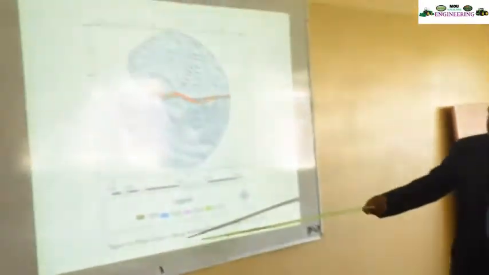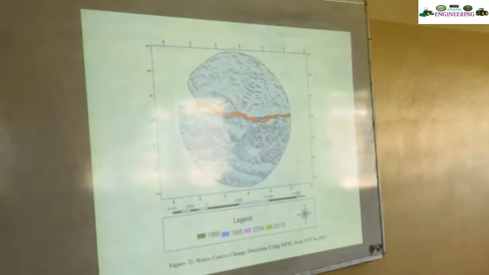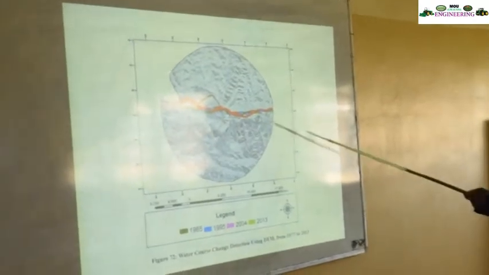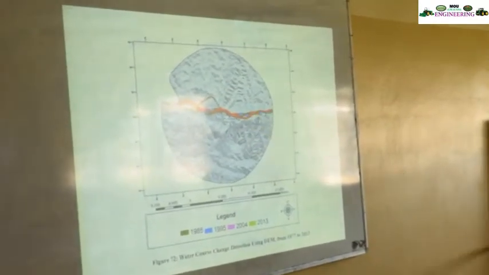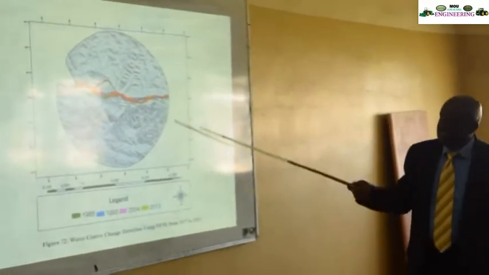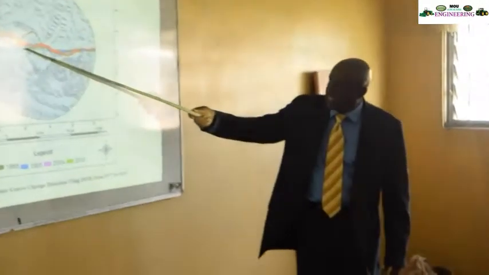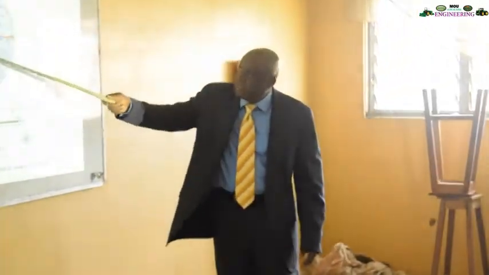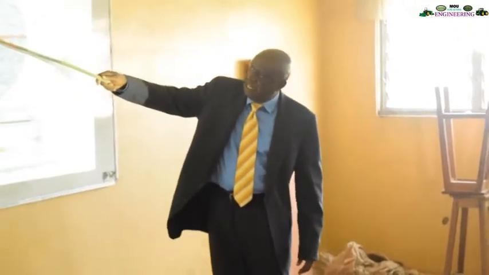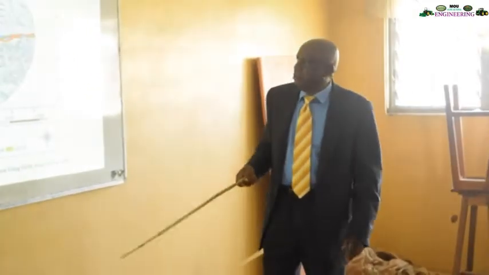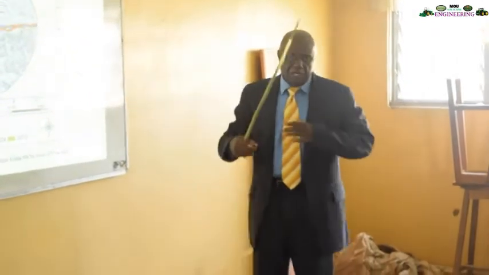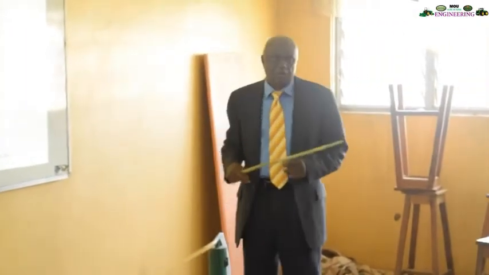This is from the satellite. You can see that there are changes in the water course of the River Benue. As it is flowing, due to sediments, it is changing, and you can see that at the exit it is narrowing down, which means when you narrow down a channel, you are slowing down the flow.